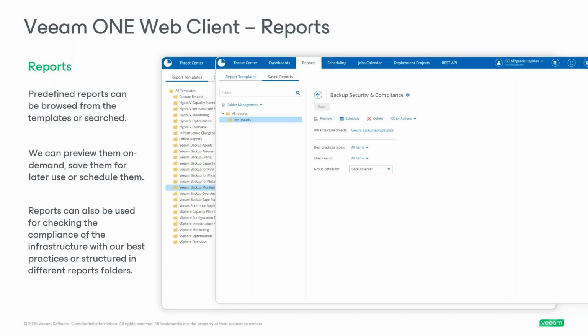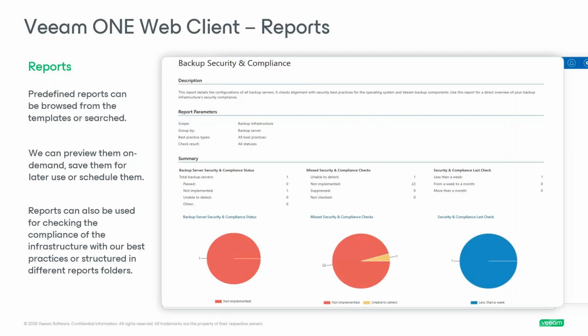I would definitely check that out if you haven't seen it in Veeam Backup and Replication, but you can run reports on it from here just to make sure that a change wasn't made that makes you not compliant. You'd probably want to know about that as soon as possible. So that's what this alarm, or the report, can do. And you can schedule it so you'd be alerted if something happened. So this is what that would look like.